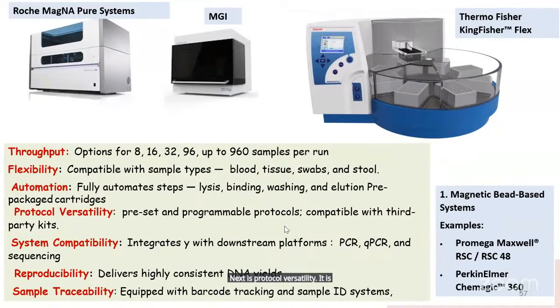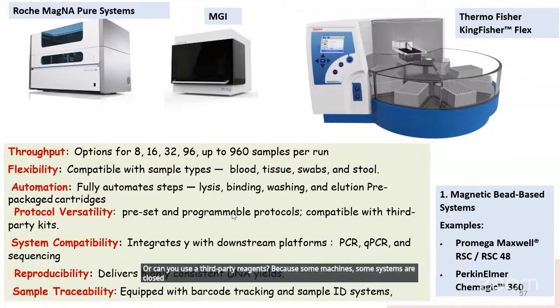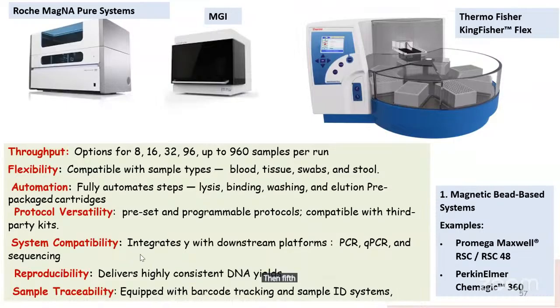Next is protocol versatility. It is important to know, can you customize the protocol or can you use third party reagents? Because some systems are closed, meaning they only work with their own branded kits, not outside kits. Then fifth is downstream compatibility.